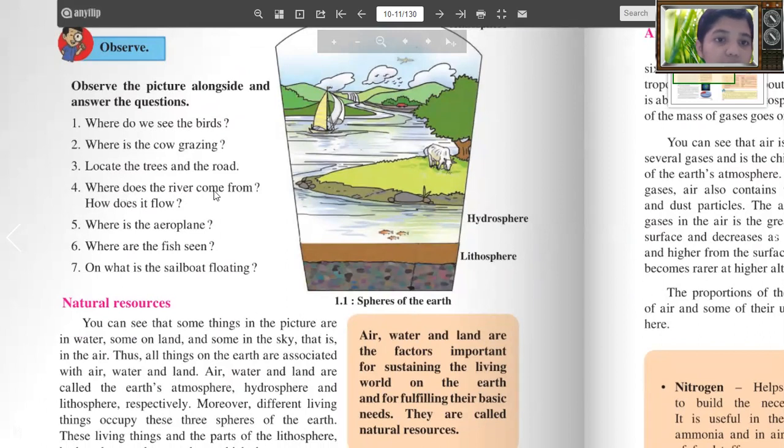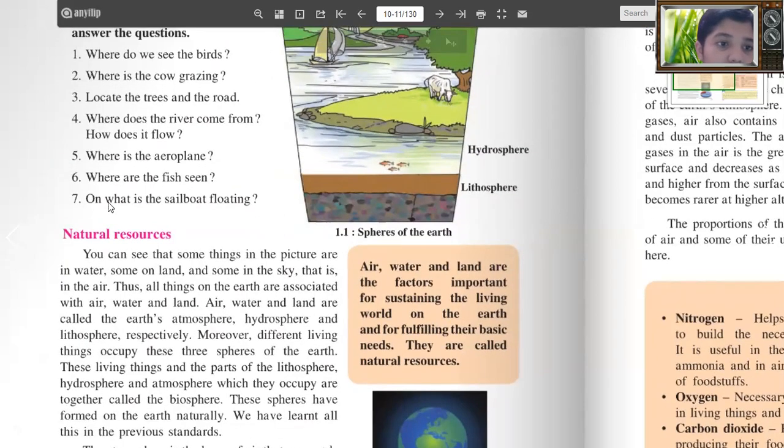Where does the river come from? How does it flow? Where is the aeroplane? Where are the fish seen? On what is the sailboat floating?